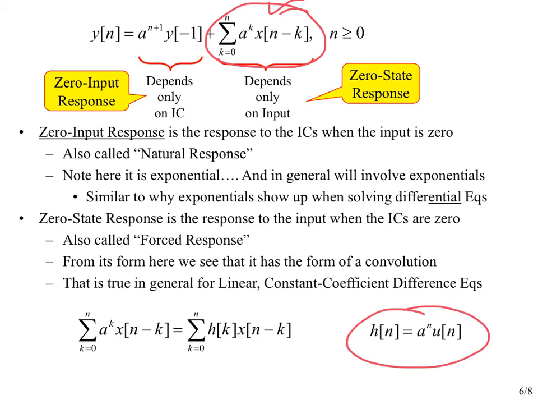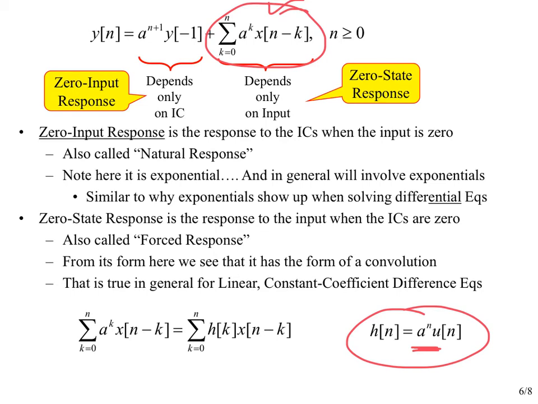Now, just a few points to bring out here. Remember, we talked about stability of systems, and we said that if we take the absolute value of the impulse samples and add them all up, if that sum is less than infinity, then the system is BIBO stable. So look at this a to the n. Remember, if the magnitude of A is less than 1, then this thing will decay.